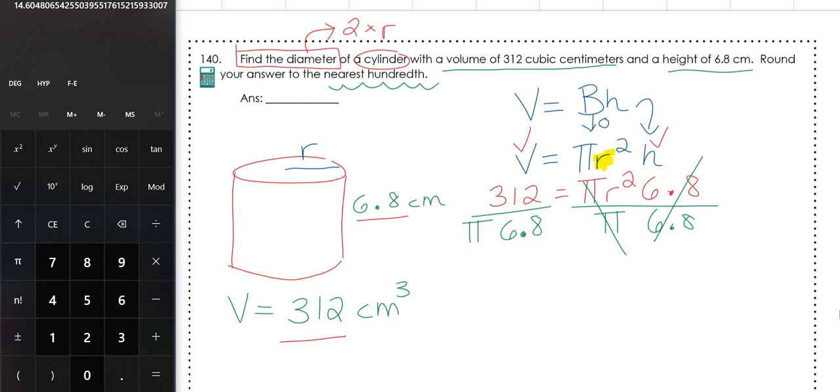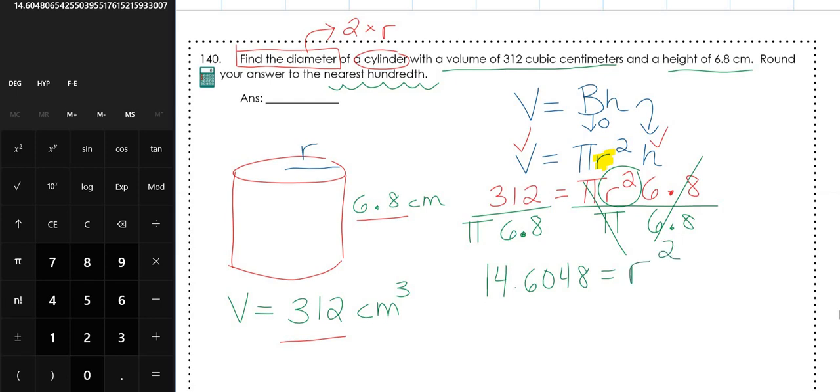Now I'm going to go out about 4 decimal places when I write it down, but I keep it in my calculator without rounding it. It's still in there, exact. So I'm going to write down 14.6048 approximately is equal to what we have left on the right, which is r squared.